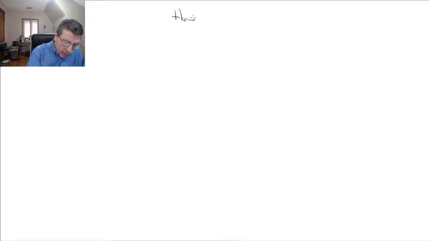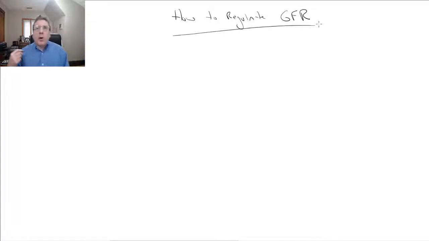So how to regulate glomerular filtration rate. And that's what we're going to be looking at on this one. Okay, so there's going to be 2 ways we're going to be dealing with this. Okay, your first way, and I'll probably do this on 2 different videos so the videos aren't too long.